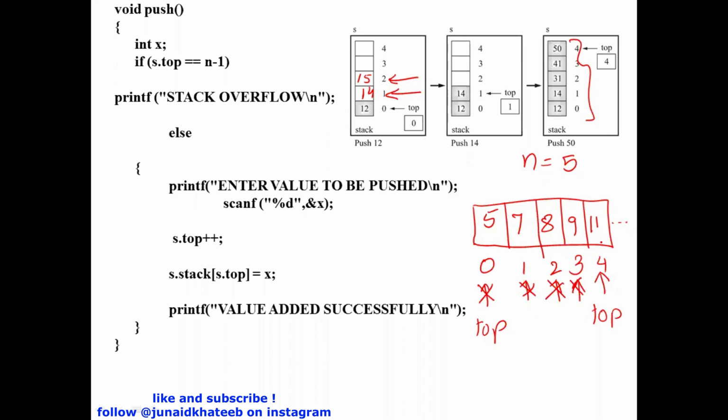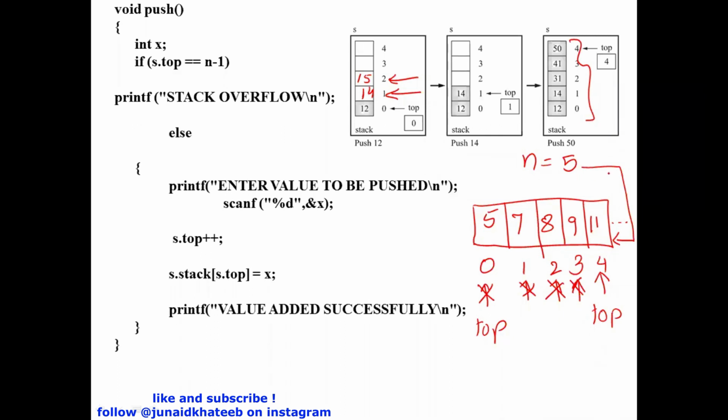So when I want to push a value onto the stack, I need to first ensure that the stack is not full. And only if the stack is not full, I will go ahead and push the value onto the stack. But how do I identify whether the stack is full or not? Understand, if there are 5 values, the last index of the memory in this array is 4.